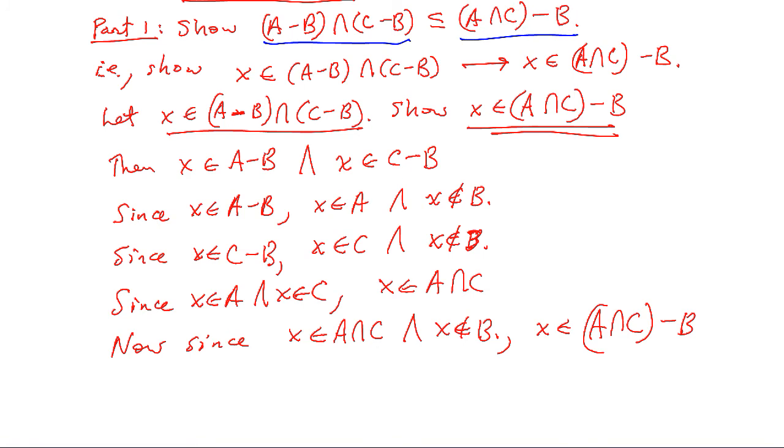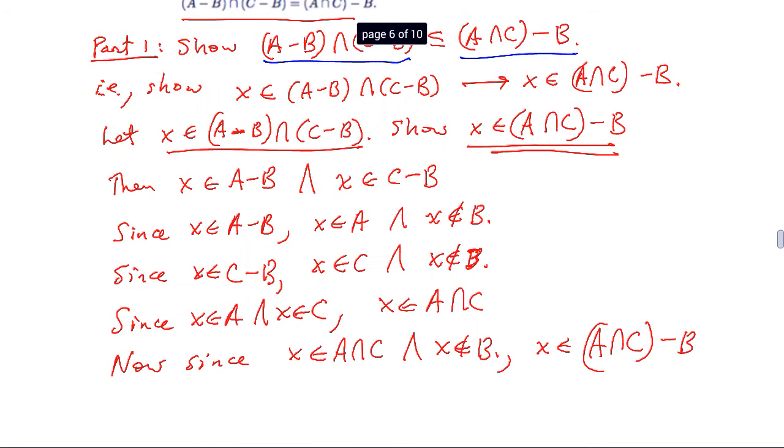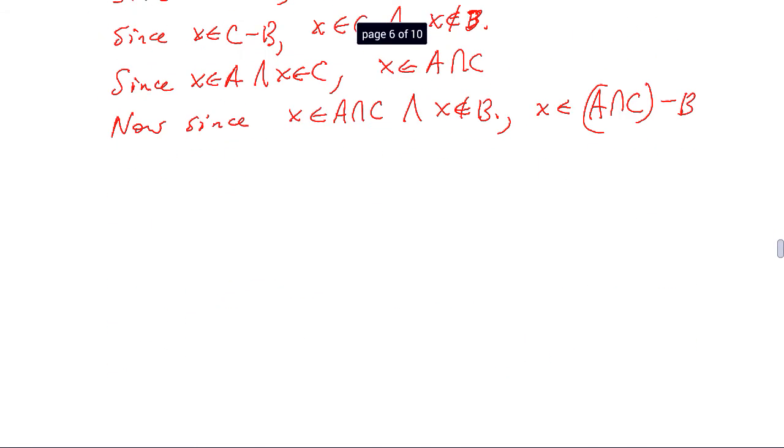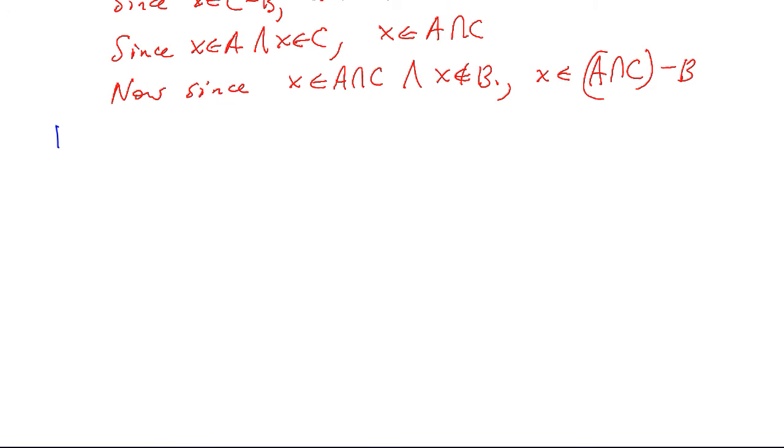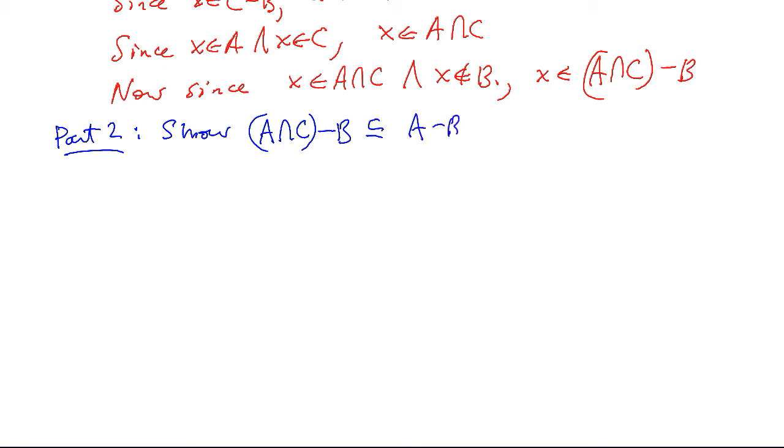Part 2 is going to go very similarly. Part 2, show that A intersects C minus B is a subset of A minus B intersected with C minus B. Okay, let's just double check that's right.